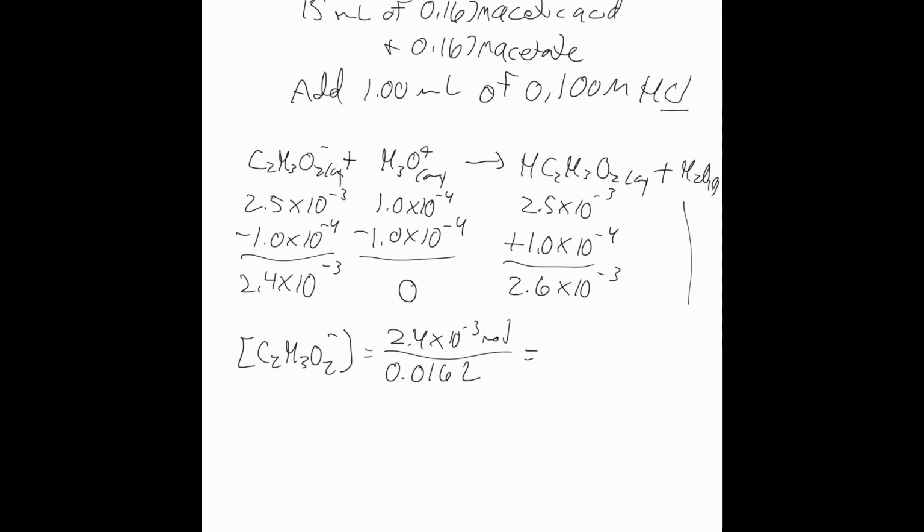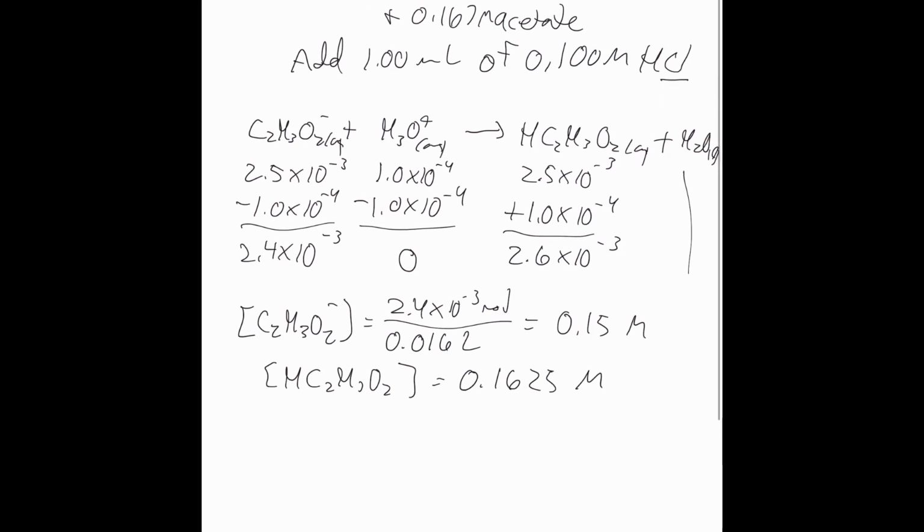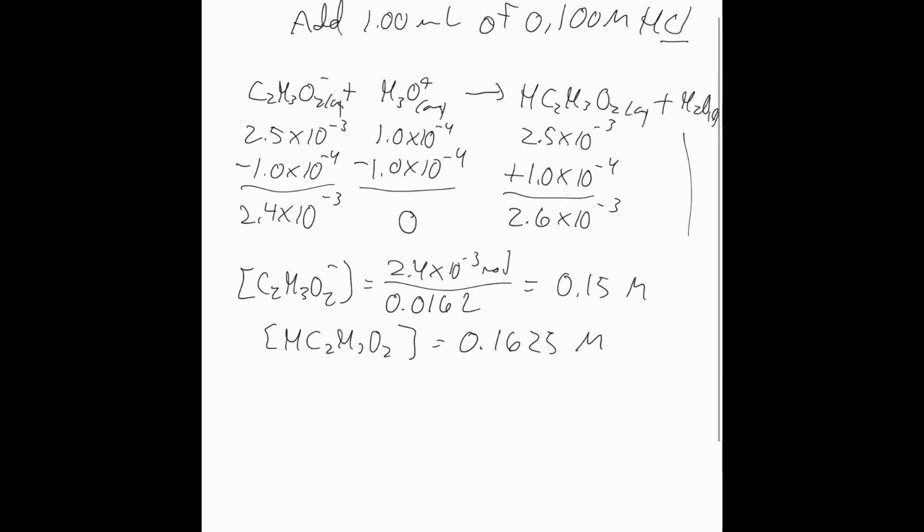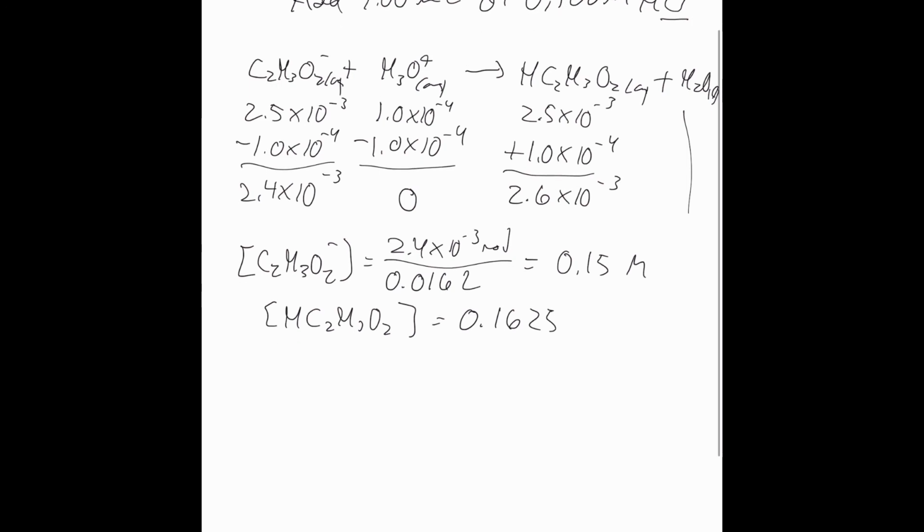And so that means this concentration is 0.15 molar. I'm not going to write out all of the steps for the acetic acid, but its concentration would be 0.1625. I'm going to carry the extra digit at this point, even though I know that's not significant. Okay, we have conjugate base and weak acid, so we can use the Henderson-Hasselbalch equation.